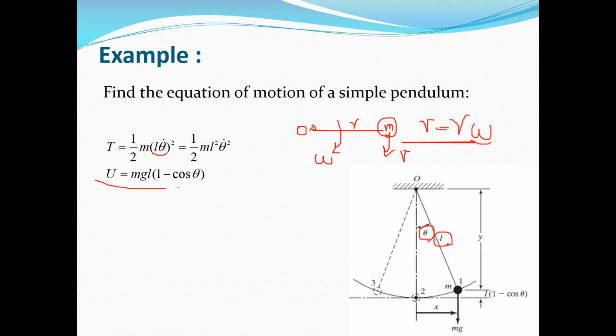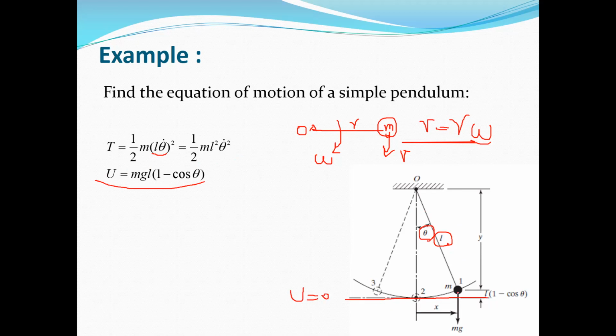And for the potential energy, as I told you, there is no spring in this system, and we only have the gravitational potential energy, and it's equal to mgh. If we assume that this is the datum level, it means at this level, the potential energy is equal to 0.